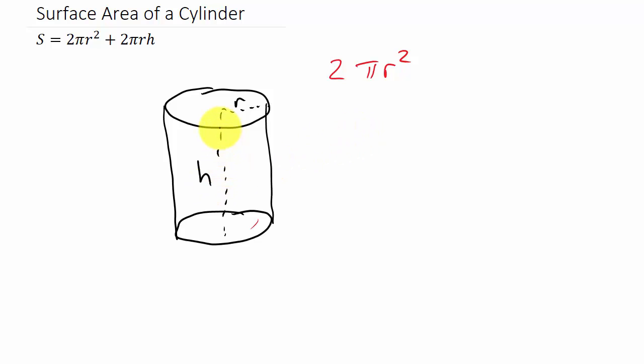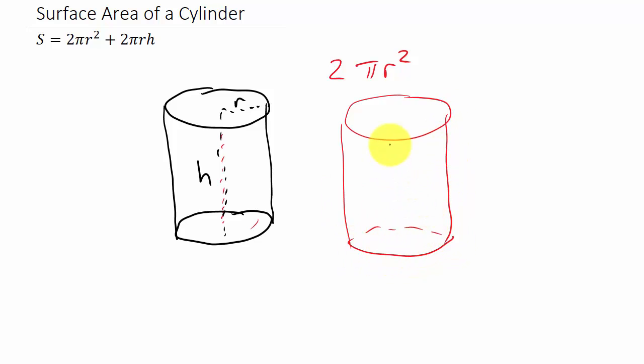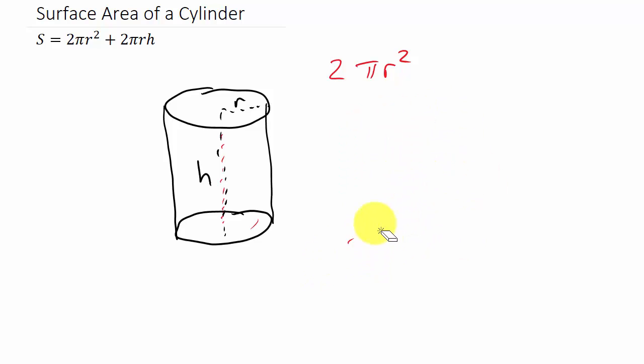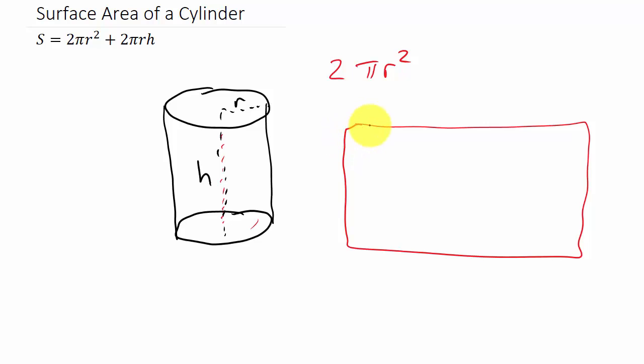If we have this cylinder and let's say we cut it right along the edge and fold it open, well, when you fold it open, you get a rectangle. Because if we rolled this rectangle up, that would create the cylinder.